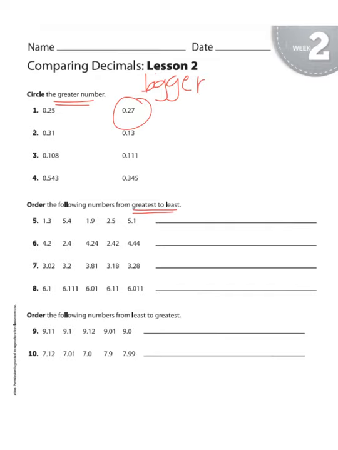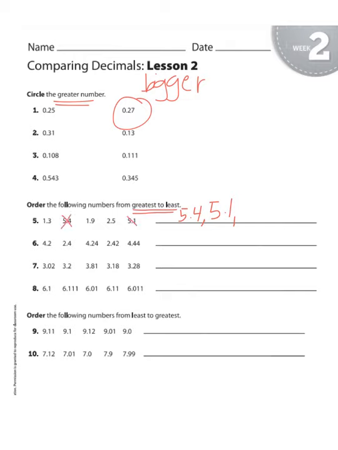Okay, so my biggest number, well, there's a 5 here and a 5 here. So I have 5.4 and 5.1. Well, I know that 4 is bigger than 1. So your biggest number to start with is going to be 5.4. And then I know that 5.1 is going to come next.